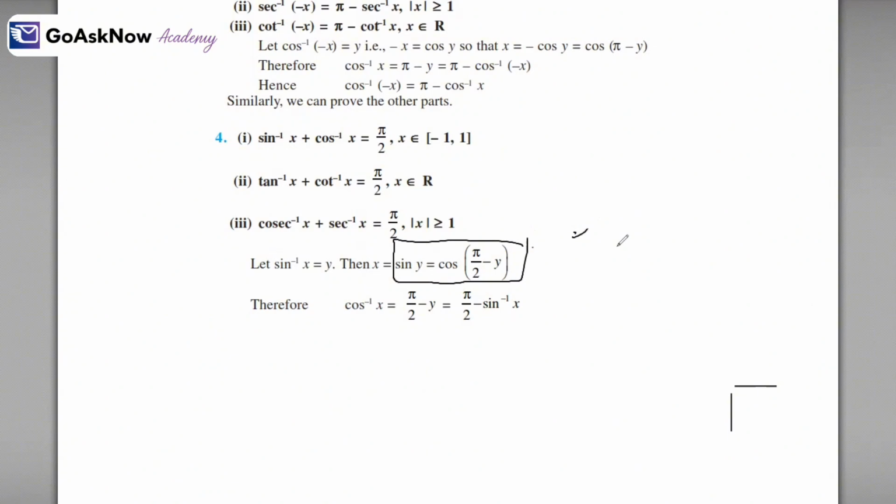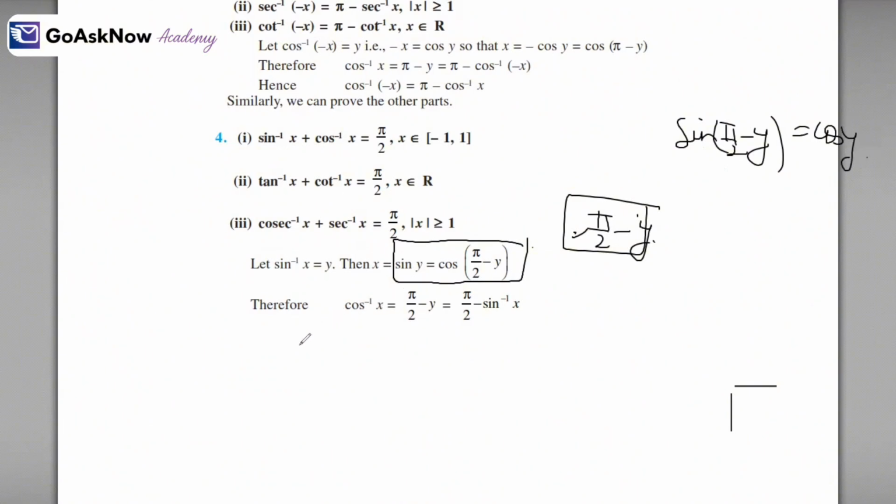You have seen the formulas for complementary angles, pi by 2 minus y. Sine of pi by 2 minus y, the complement angle formulas are like this. If you have this, then it is equal to cos of y.